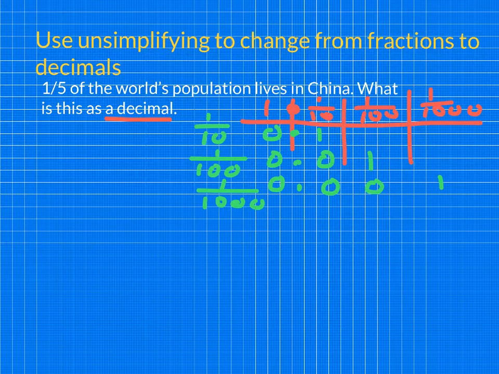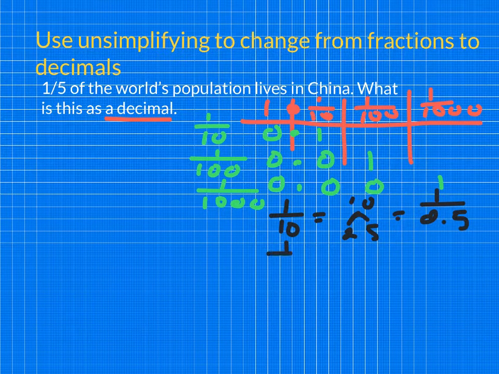And let's break down our tenths, our hundredths, and our thousandths into their prime factors. So if we have 1/10, 10 is basically 2 times 5, so it'll be the same as 1/(2 times 5).